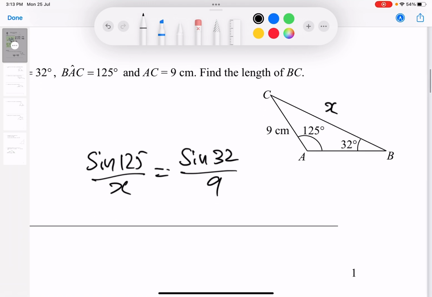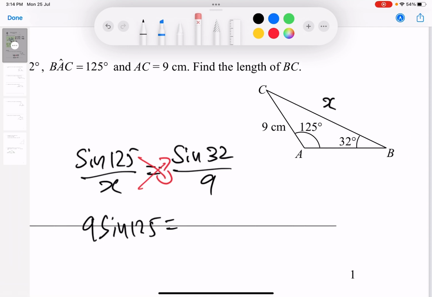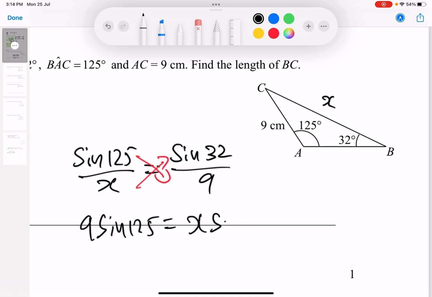Of course, don't leave your answer as that because you want to find out what x is, right? So you need to cross multiply. For those of you who have forgotten, cross multiplication, please pay attention. If I cross multiply, I'm going to get 9 sine 125 is equal to x times sine 32.